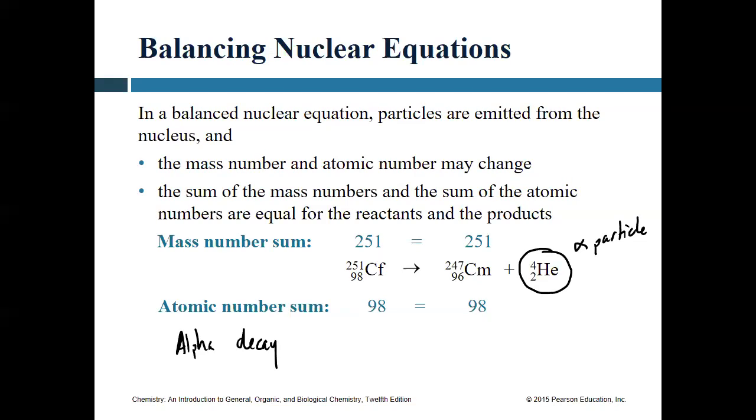Element number 96, I go to the periodic table, is Cm. Cm is curium. So in this alpha decay, not only did I eject this particle, which came with a bit of energy as well, I've also confirmed that I have converted californium, which was unstable, into curium, which is also unstable, but that curium is more stable than the californium was.